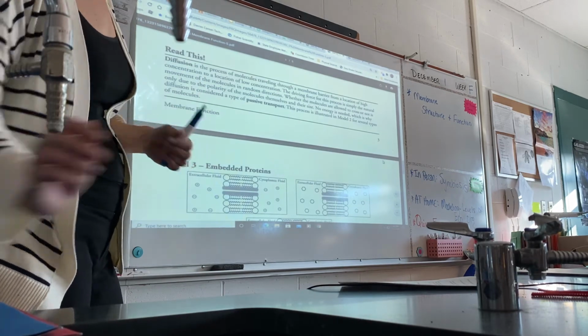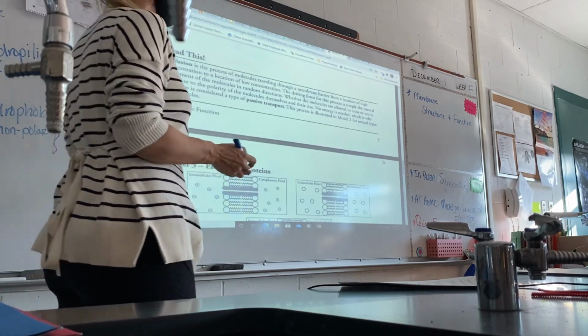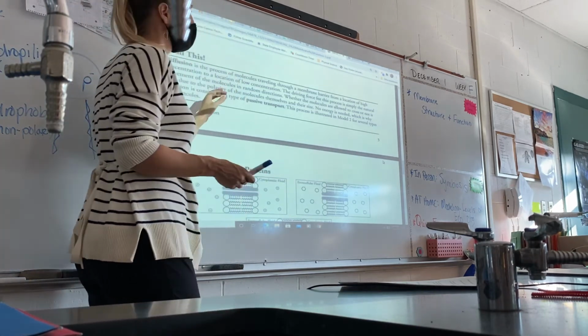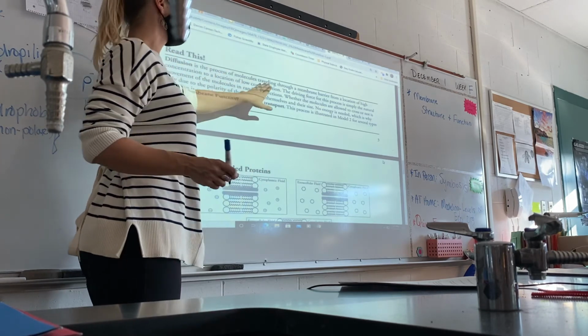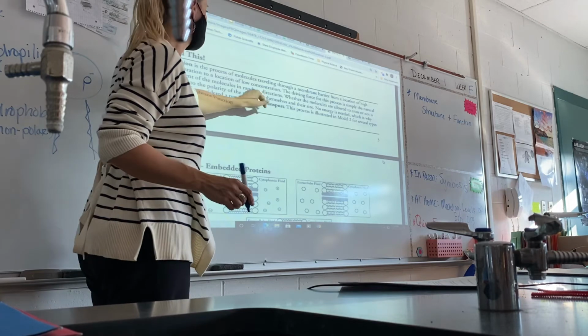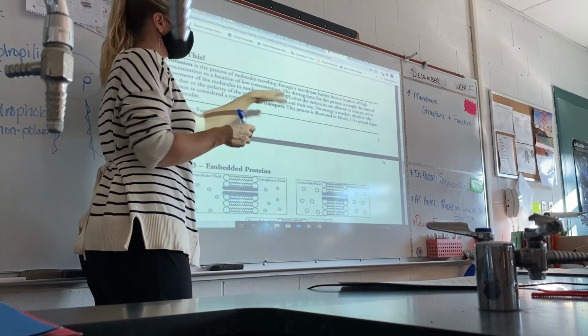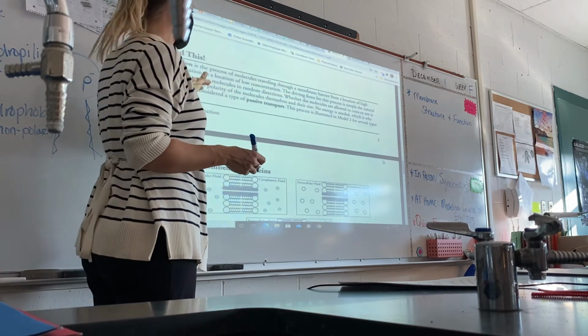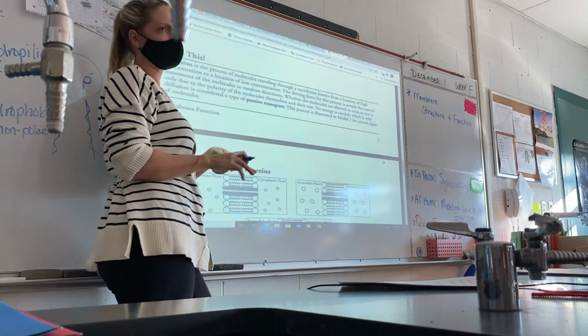So diffusion is the process of molecules traveling through a membrane barrier from locations of high concentration to a location of low concentration, okay? And the driving force for this process is simply the natural movement of molecules in random directions. So what do we mean from high to low?